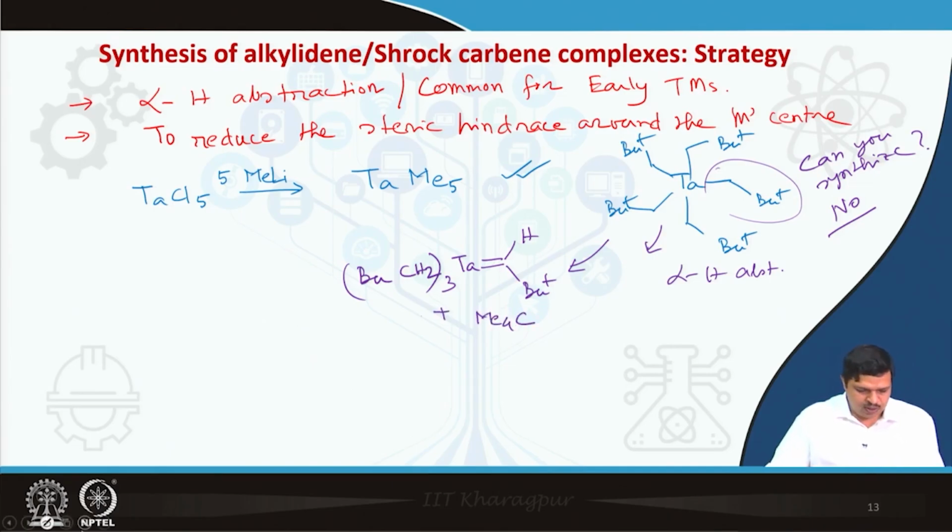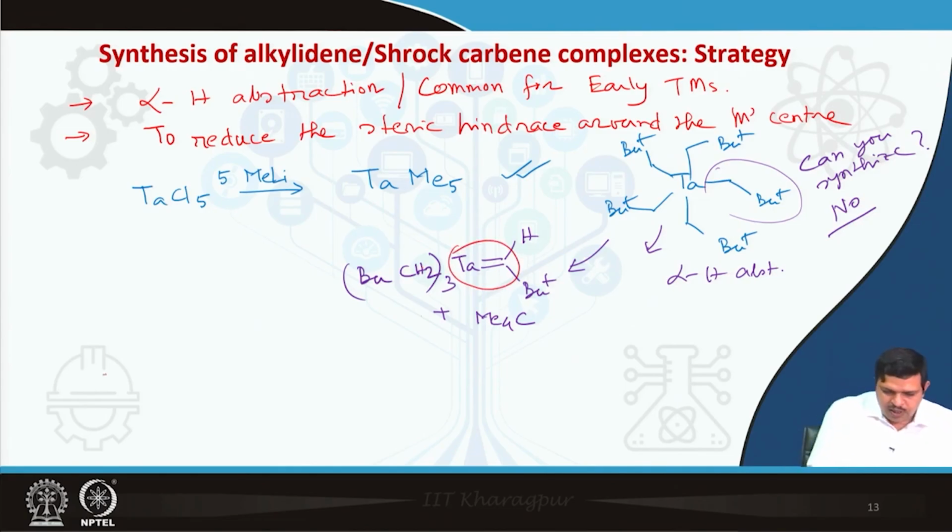So here you will see that it is not stable, it will undergo spontaneous alpha H abstraction elimination, and then you will form these metal-carbene complexes.